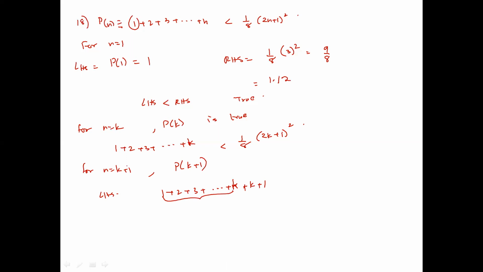So that these few terms you can use for P of k and write it as less than 1 by 8 into 2k plus 1 whole square. And then we have k plus 1 also.